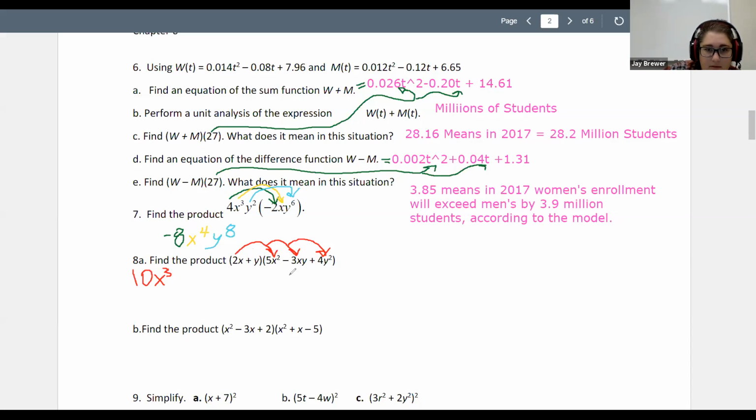Okay. All right, and then 2x times negative 3xy, we're going to have negative 6x squared y. All right, and then we're going to take 2x times 4y squared, so just 8xy squared.